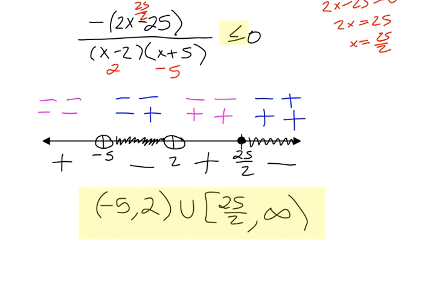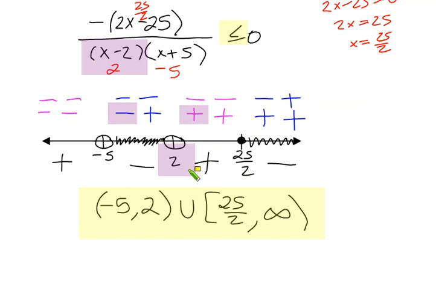Finally, the last item to keep in mind, worth noting, is whenever we're looking at a key number, the only sign that really could change is the one where that key number comes from. So for instance, if we're looking at 2 on the number line, the only sign that could possibly change would be the sign corresponding to our x minus 2 factor. And notice that sign did change, all of the others remained the same.